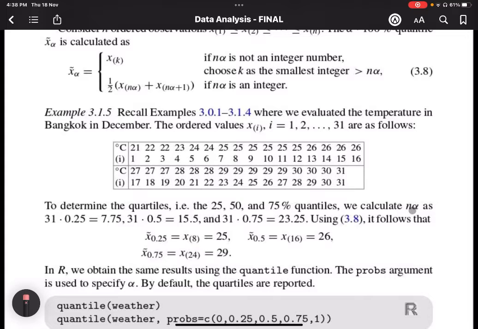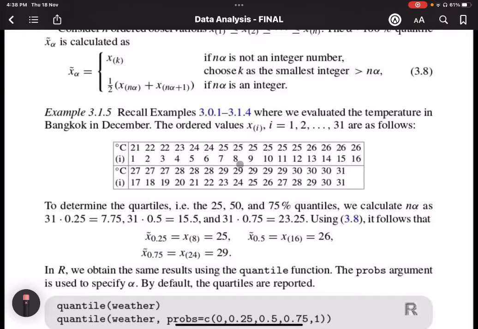So, we calculate N alpha as 31 times 0.25 and it will give us 7.75. Gawin na natin 8 yan. Si 25 yung ika-25th na quartile. Sa ika-75, that will give us 24. Ito yon. Ika-24 daw.